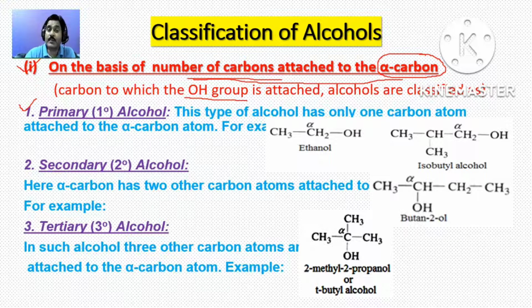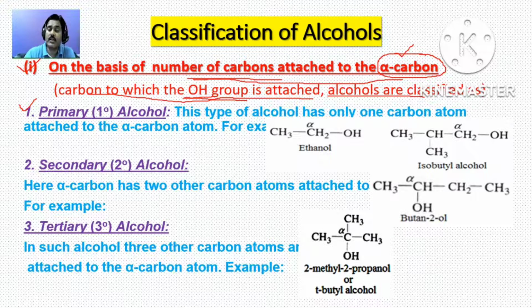That is the main basis of the classification. The alpha carbon is the carbon to which the hydroxyl group is attached. Alcohols are classified by the alpha carbon atom and the OH group. Both are considerable here. That is the main basis of classification.